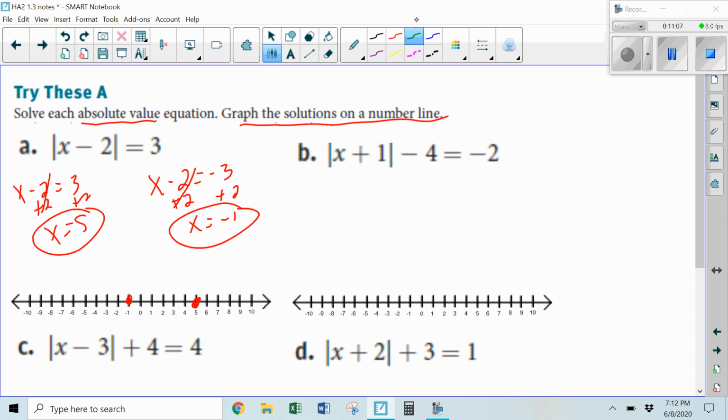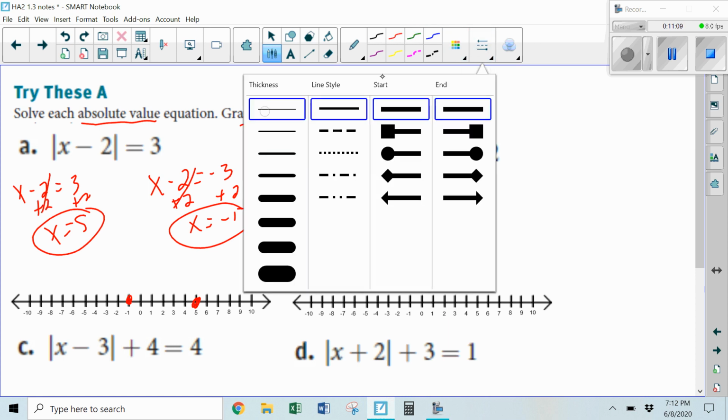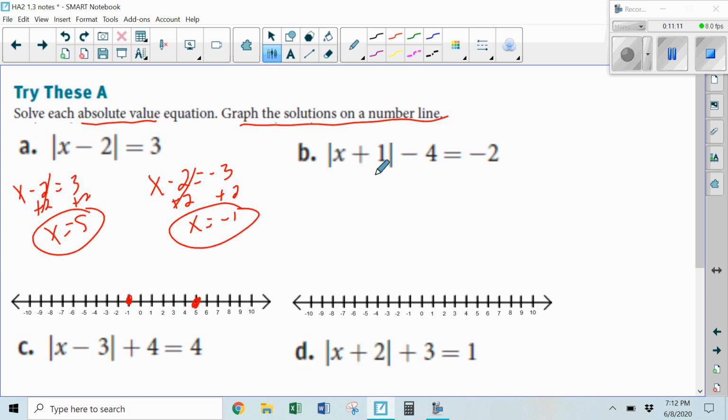All right, let's try part B. Okay, first thing you want to do is isolate. So you don't want to just start by putting 2 equations like we did over here. You need to add 4 first. Now the absolute value is isolated, so this has a distance, an absolute value of 2.